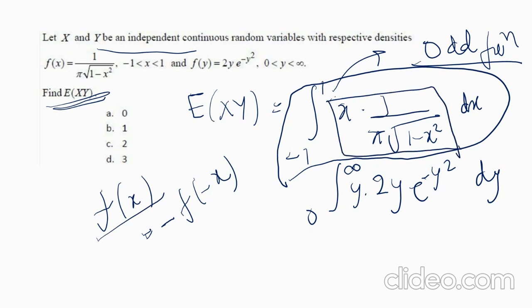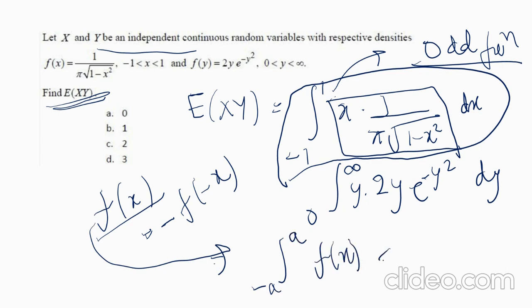So f of x is equal to minus f of minus x, and when this condition happens, the integral from minus a to a of f(x) dx is equal to 0. So when this term is 0, it doesn't matter what the value of this other term is, the whole integration will be 0. So this will be the solution.